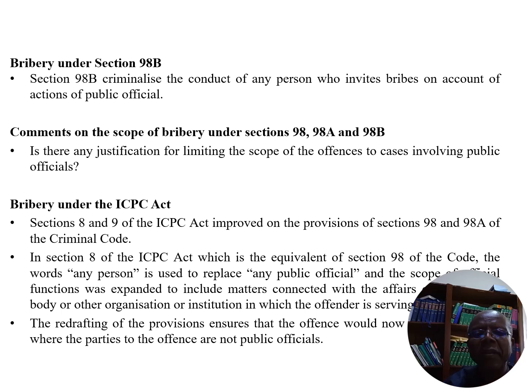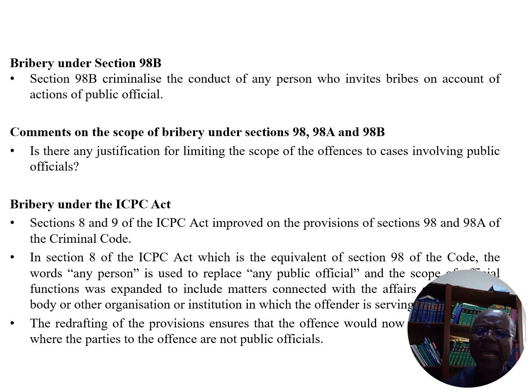The manager of company A may bid for a contract in company B and bribe the procurement officer in company B to award the contract to company A. That is bribery, because the procurement officer in company B is employed to exercise his function honestly and impartially, without regard to any consideration personal to himself.